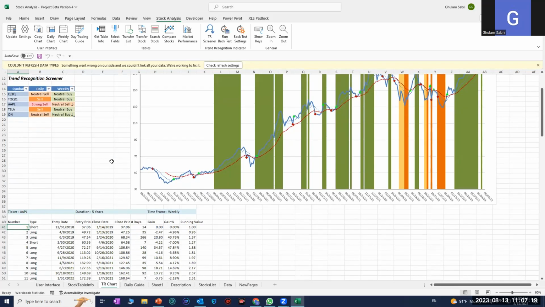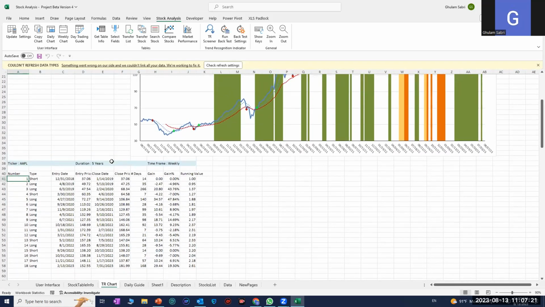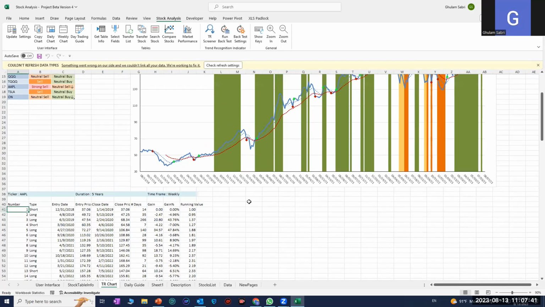The back test is done, and these results are showing Apple's weekly results for the last 5 years, and these are the trades it is telling you. It is giving you the trades in both directions, short as well as long. Now you might want to restrict yourself to long only, but you're using this strategy. And what is the strategy? I will come back to you and explain it.